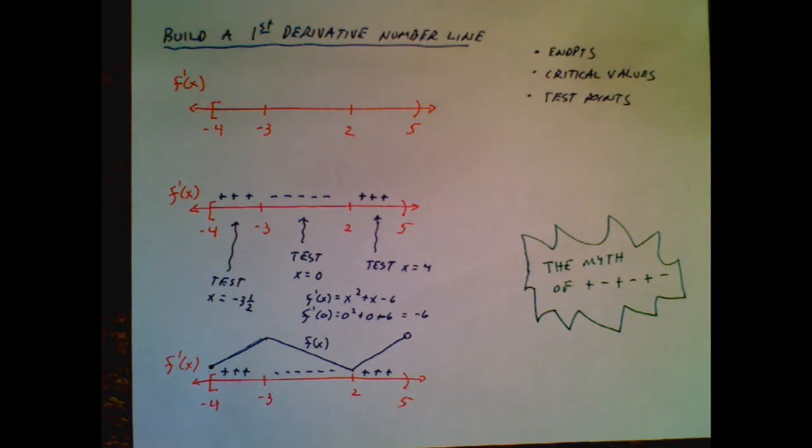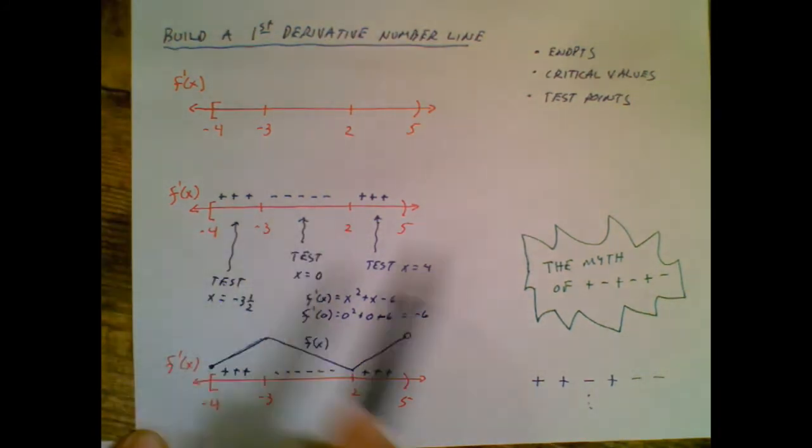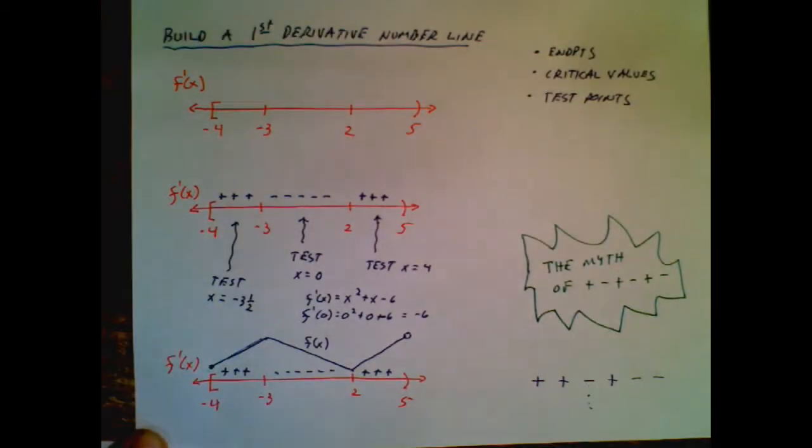So don't get into that habit, because the AP test writers like to find out the students that are in that habit. You will come across some number lines that might go something like this: plus, plus, minus, plus, minus, minus. I mean, you just don't know what that pattern is going to be, but it's a big danger to assume that it's going to alternate, because although it does a lot of times, it doesn't have to all the time.